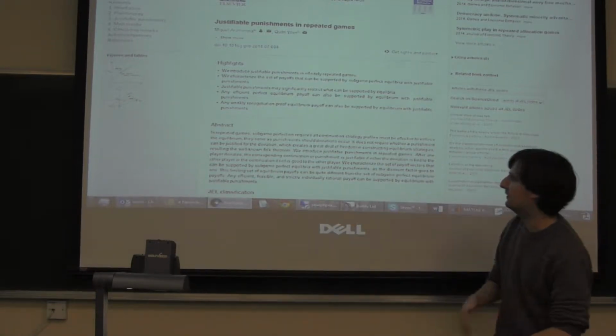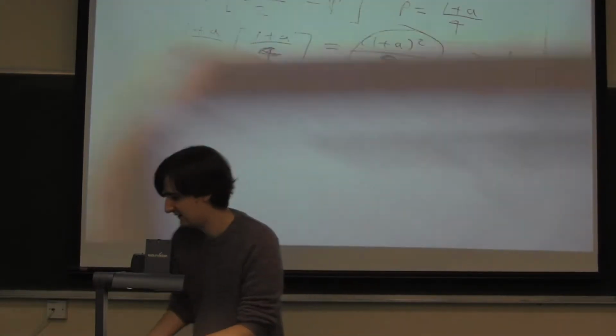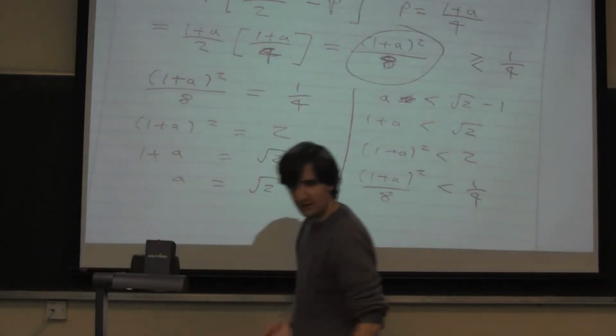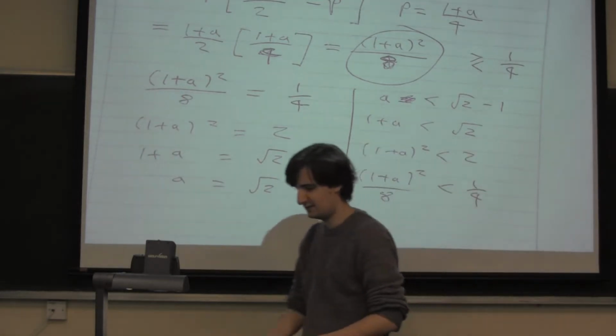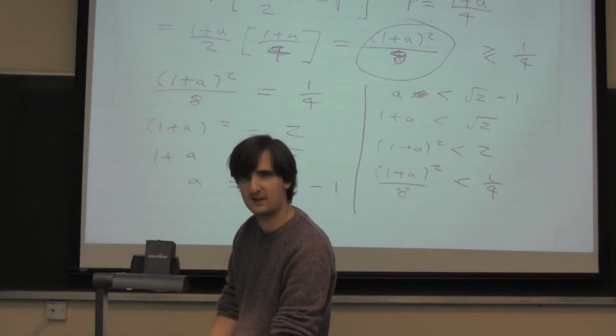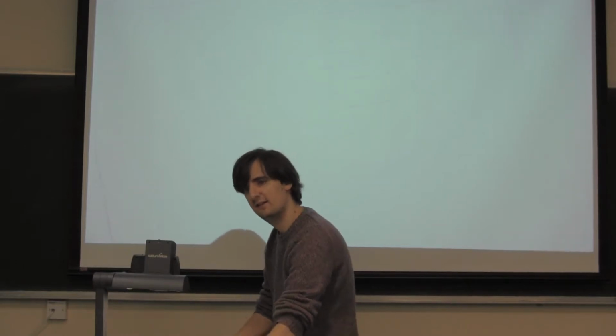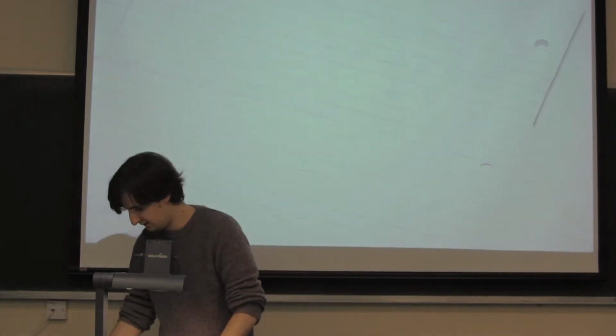I've simplified things a little bit. But if you restrict equilibria to these ones which have justifiable punishments, where you don't punish people for making you better off, then in fact only the Pareto dominant one survives.